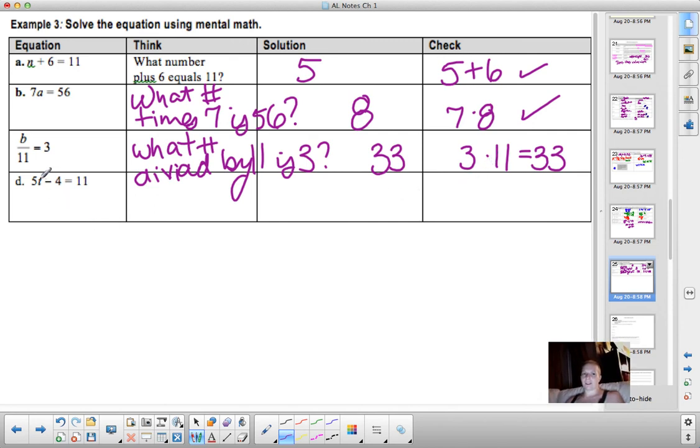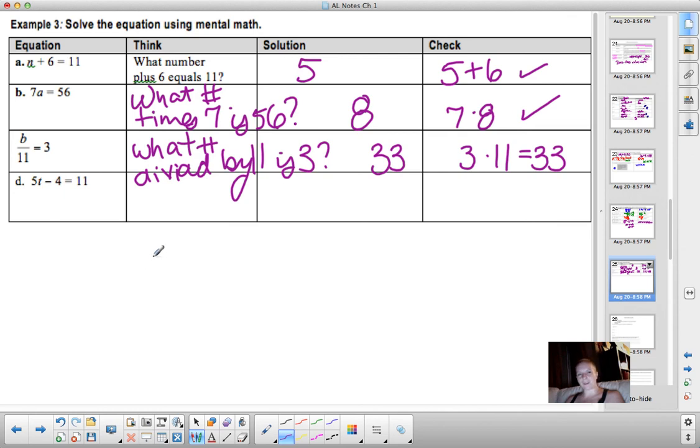So we get to problem D. Remember, we're using mental math. I know you know how to solve this. I know you know how to show me add 4, divide by 5. But right now we're using mental math. So my question, what I'm thinking of, is what number times 5, then subtract 4 is equal to 11.